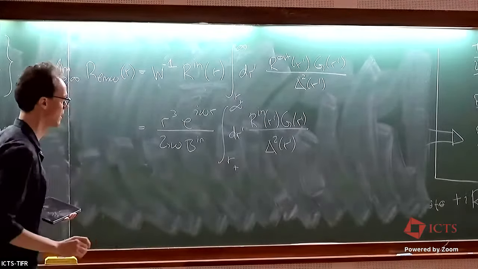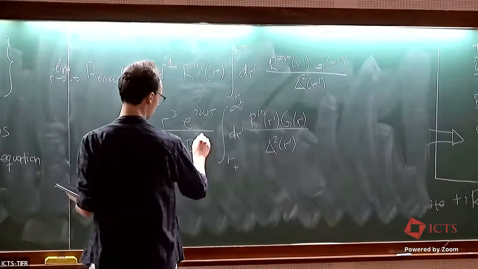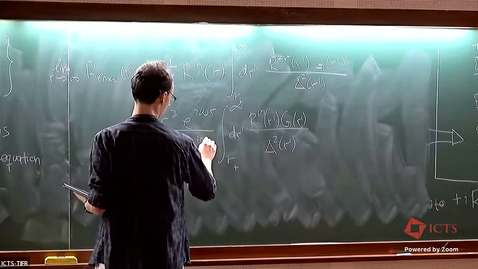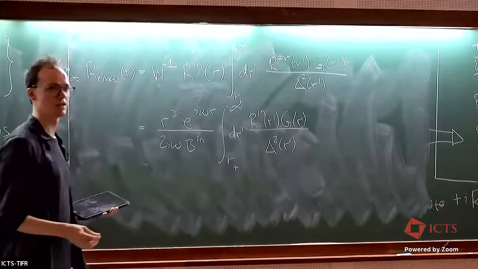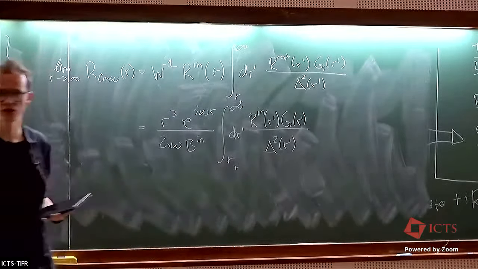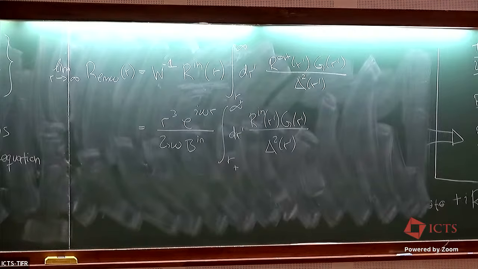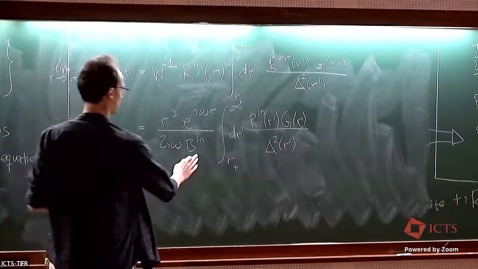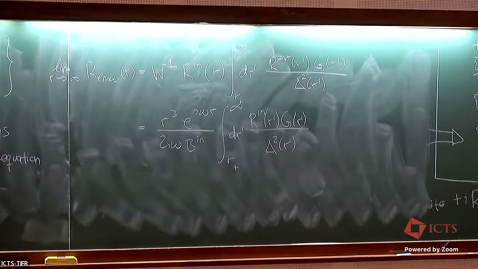Okay? And then I introduced this B in, where the B in basically just is a normalization. Okay? Because you have this R in here, and the homogeneous solution, you only know up to normalization. And so you still need to normalize the homogeneous solution correctly. So that's why there's this normalization factor.